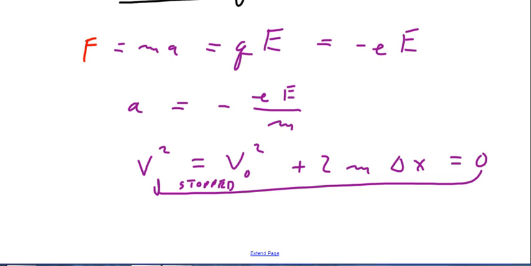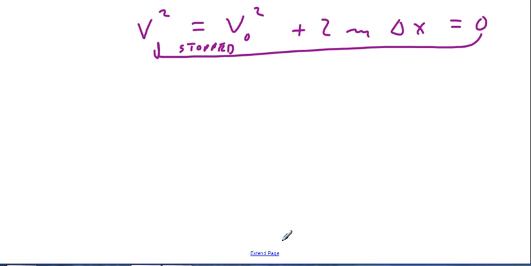Alright, so how far do I go before I stop? It's going to be minus velocity naught squared divided by 2a, acceleration.